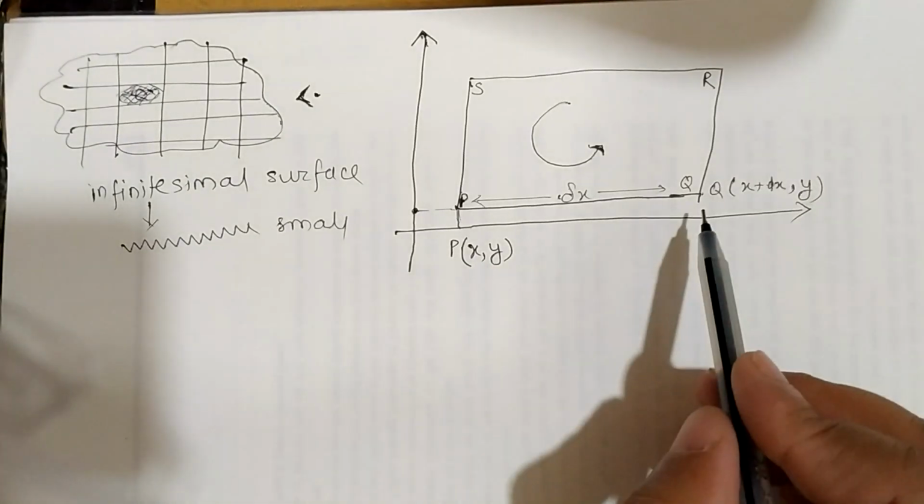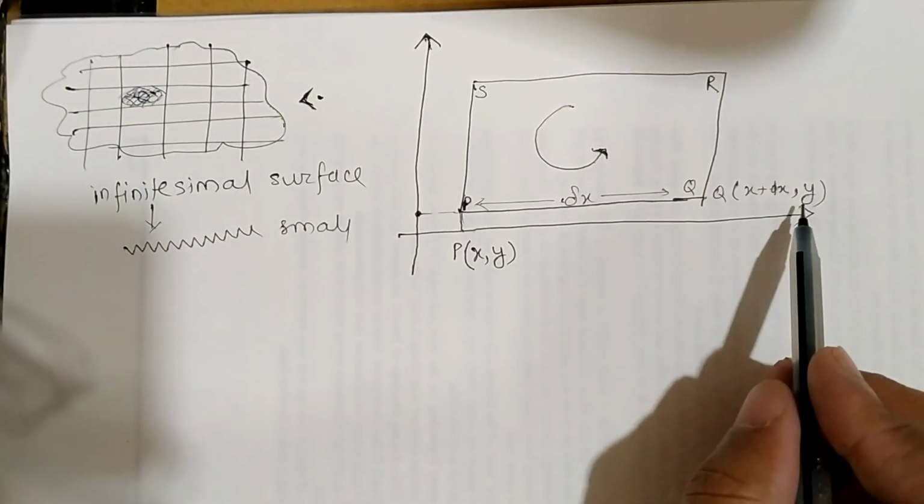Therefore Q has the coordinate x plus dx comma y.